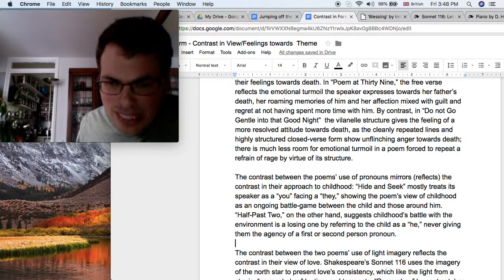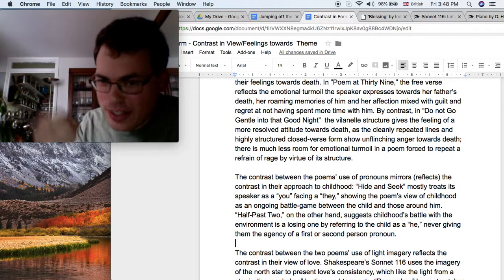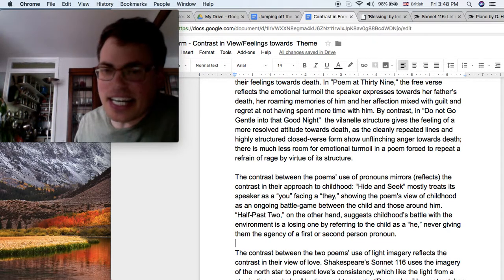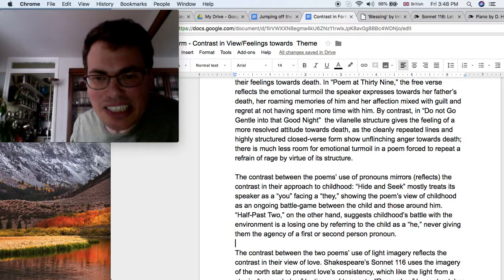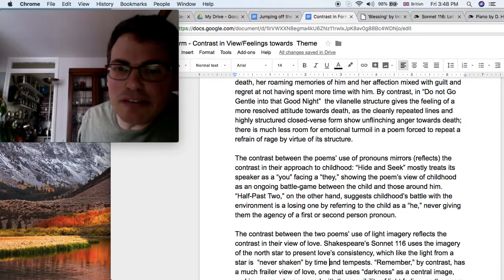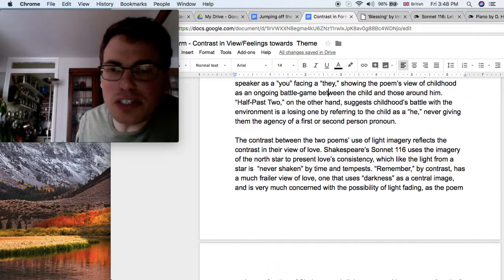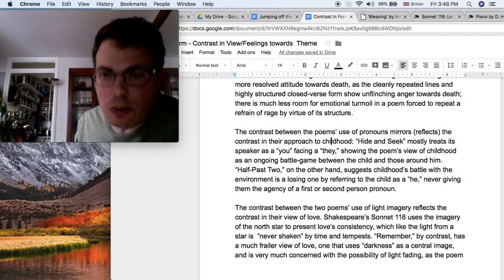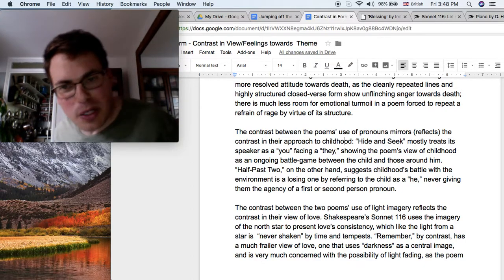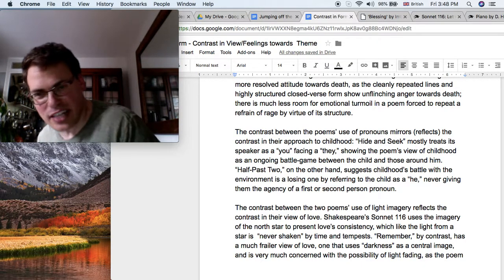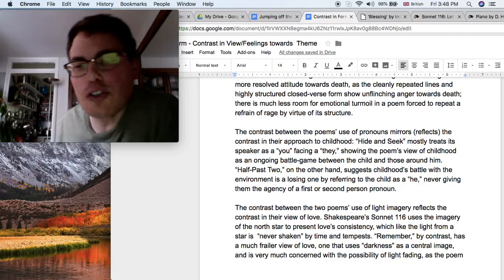Anyway, one of the things is I'm trying to recreate an exam setting, so I did this just looking at the poems, but not necessarily taking forever to do it, so that you have a closer approximation to an exam. Alright, the contrast between the poems' use of pronouns mirrors / reflects the contrast in their approach to childhood.